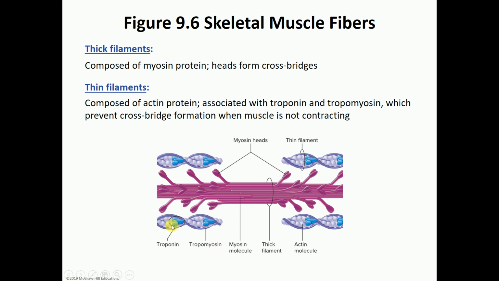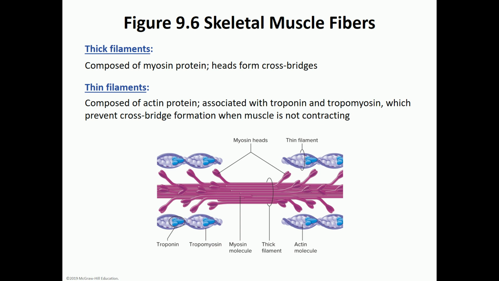It attaches to troponin. Troponin changes its shape and gets out of the way. Tropomyosin now rolls over, exposing the binding sites on actin. Now the myosin head will be able to latch onto actin and bend, or contract.